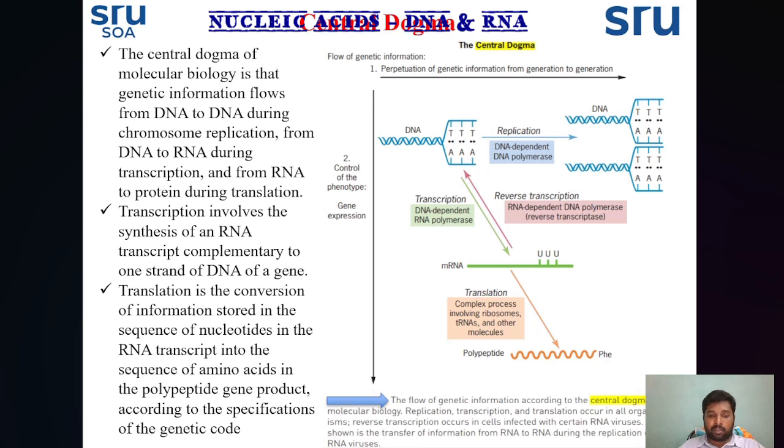This information never flows in reverse direction. This relationship between DNA, RNA and protein is known as central dogma. Central dogma is nothing but the relationship between DNA, RNA and protein.